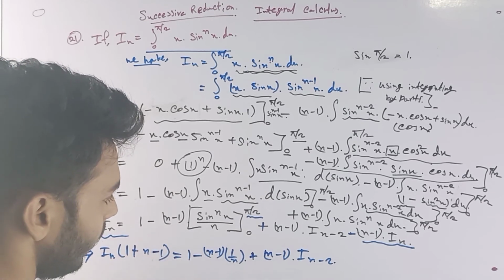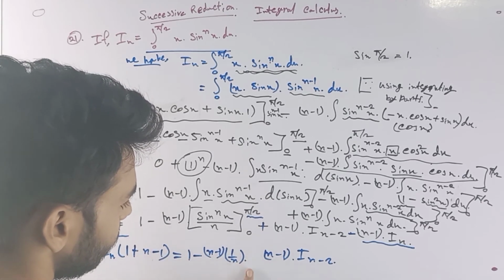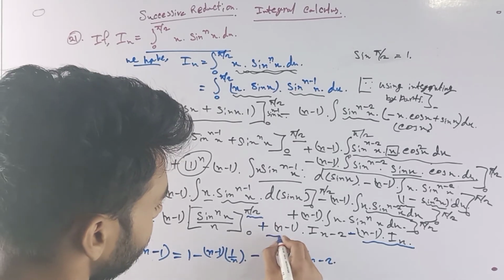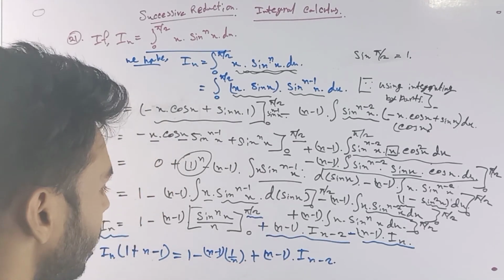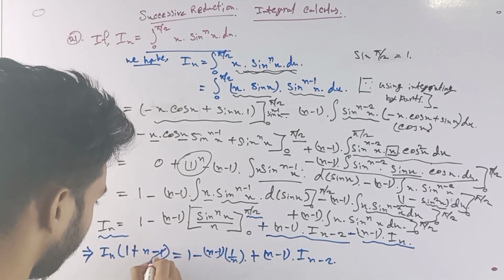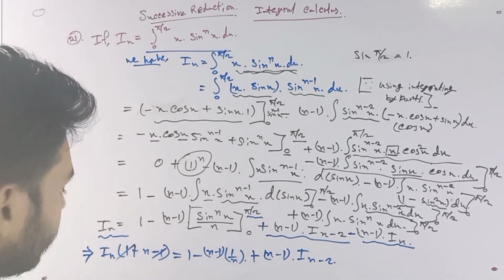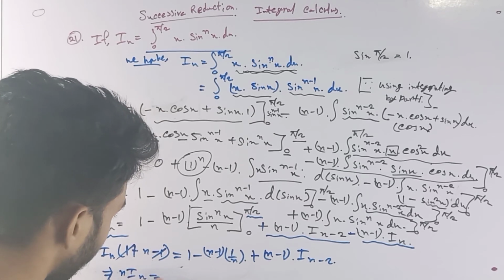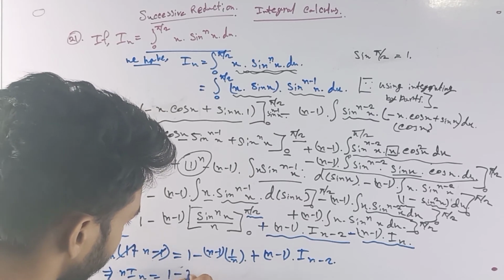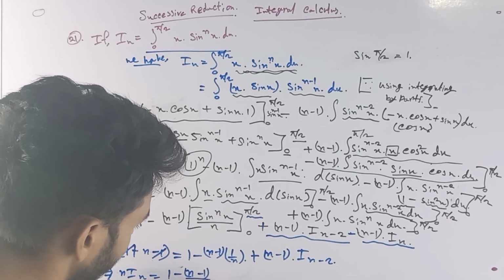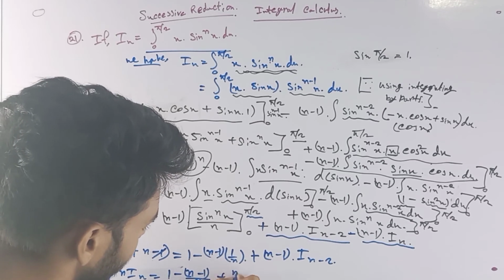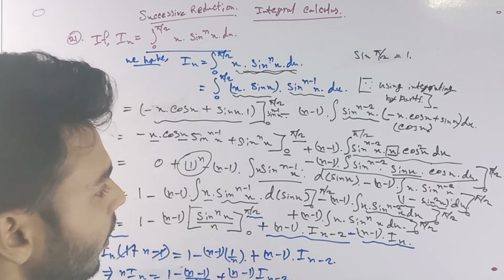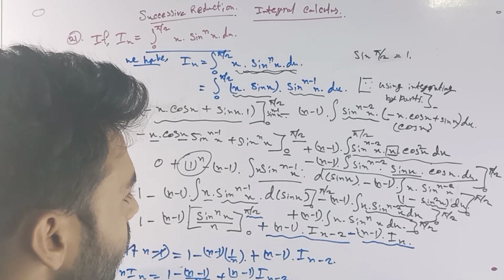Actually I forgot that at first when I repeated this question, so minus 1 and plus 1 cancelled, therefore I write n times I of n equals 1 minus n minus 1 by n plus n minus 1 times I of n minus 2, that's the whole answer.